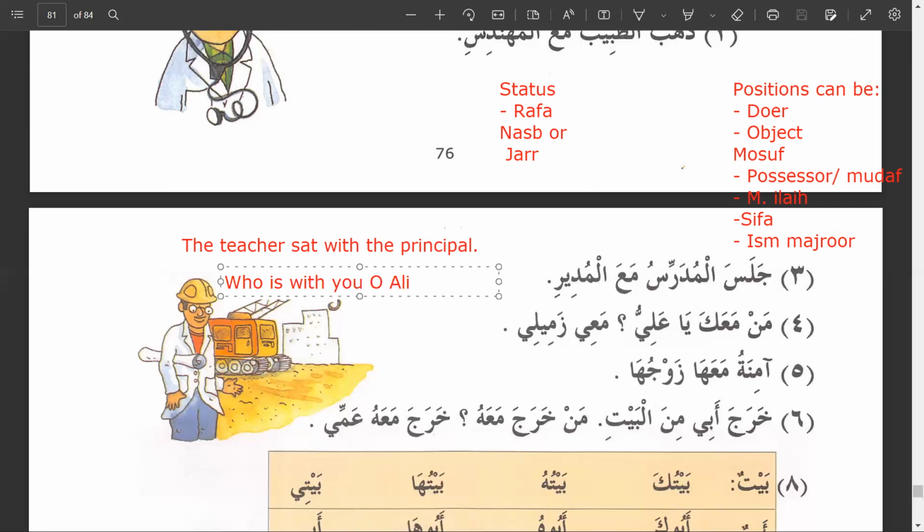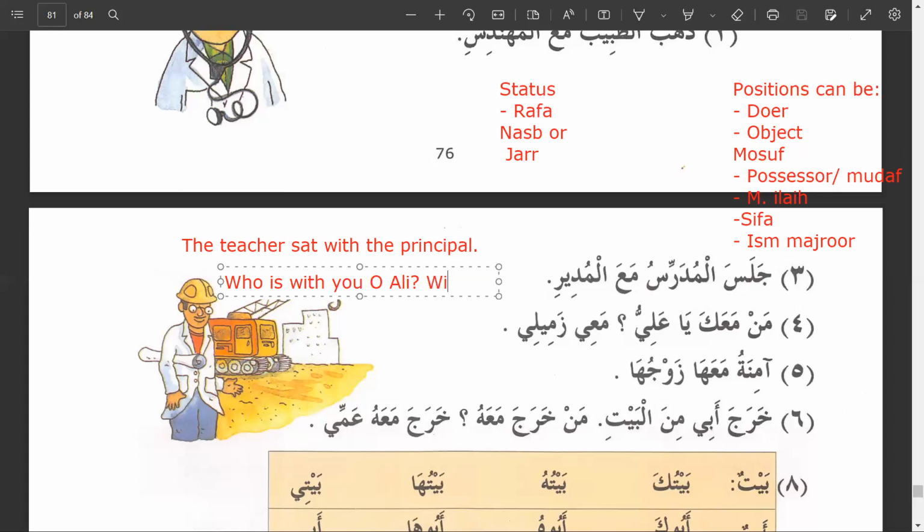Ali, who is with you? Okay. What did he say? My classmate. Ma'i means with me.